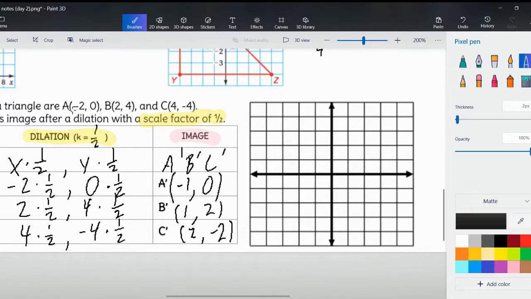Okay, so let's go ahead and graph that. -2, 0. Let's use our blue for that one. -2, 0 would be right here. 2, 4, right there, and 4, -4 down there. So our first triangle.